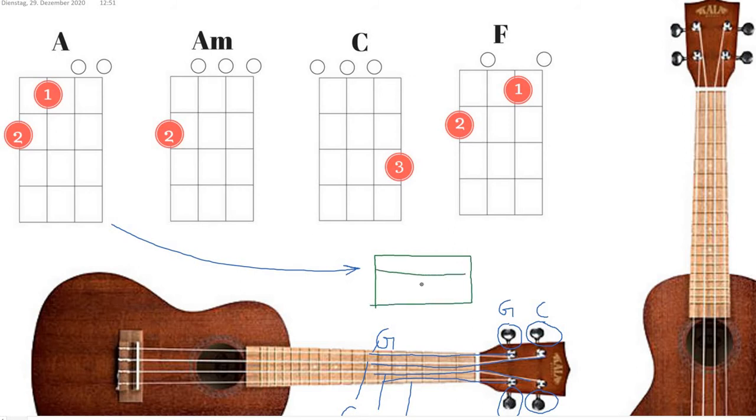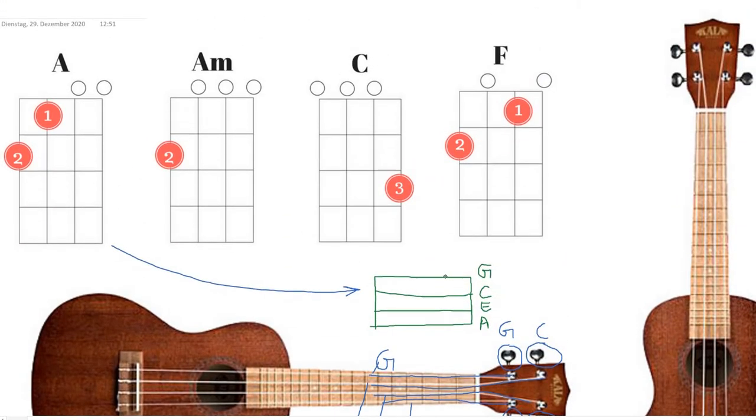So this represents the four strings. From the top to the bottom, this is the G, C, E, and A. And in between these lines, they are nothing but the frets.